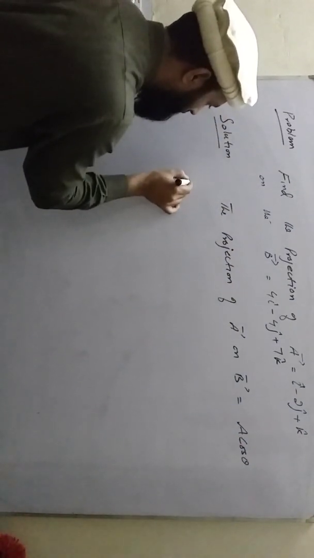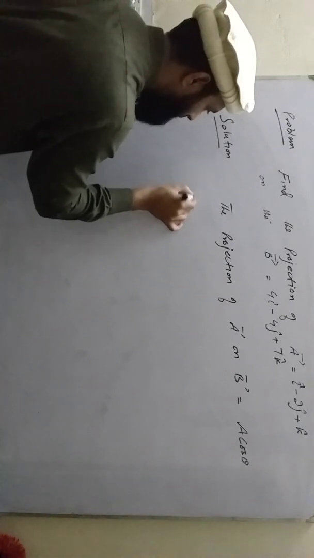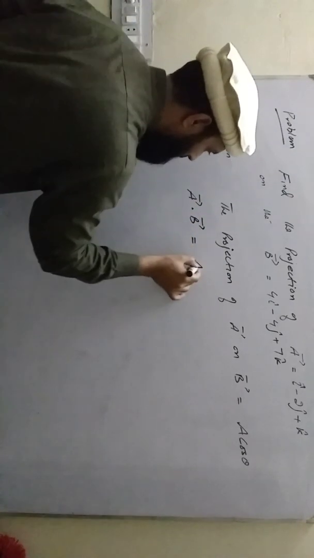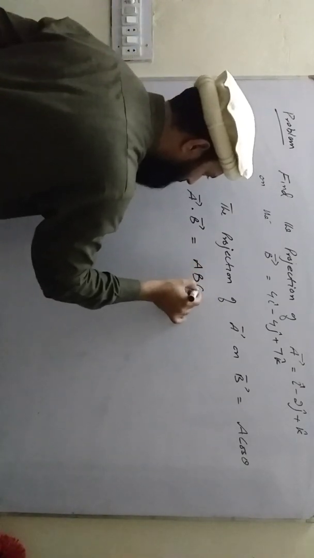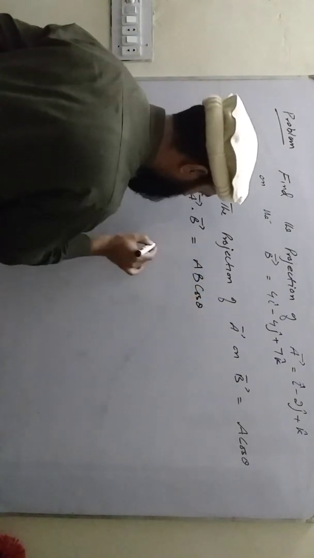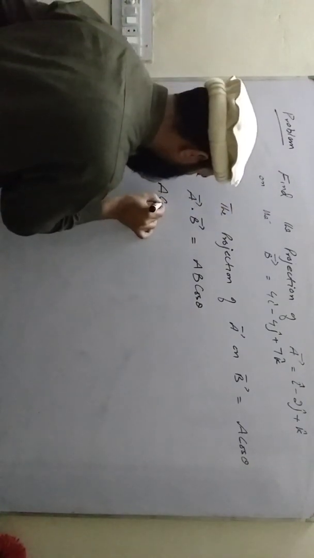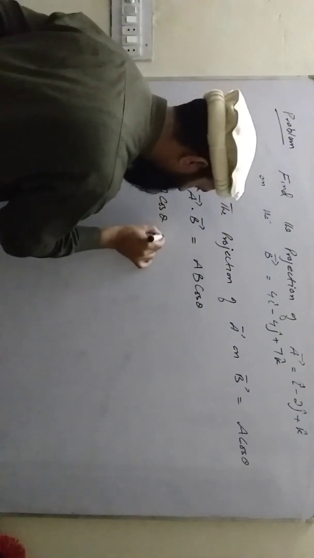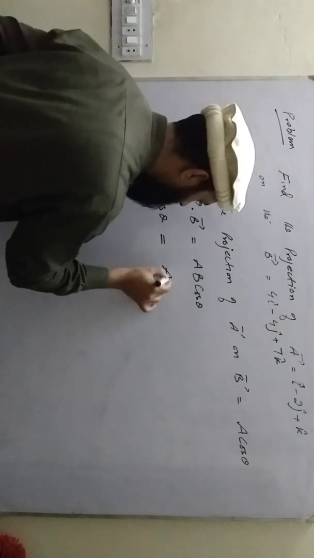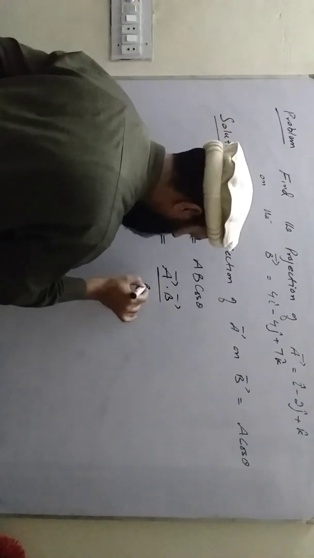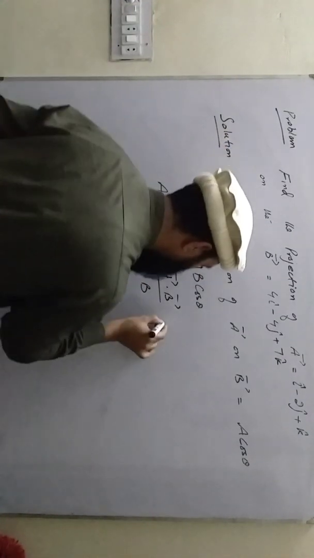According to the dot product of A and B, A dot B equals A B cos of theta. From this equation, A cos of theta, which is the projection of A on B, can be written as the dot product of A and B divided by the magnitude of B.